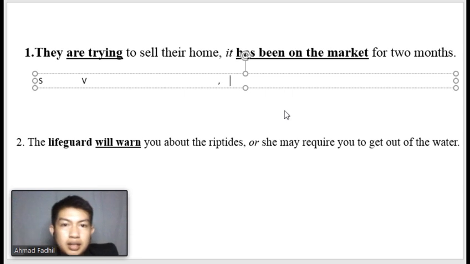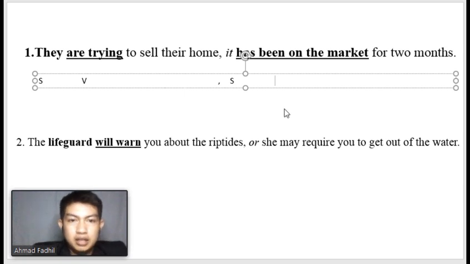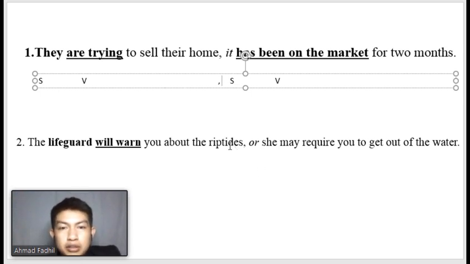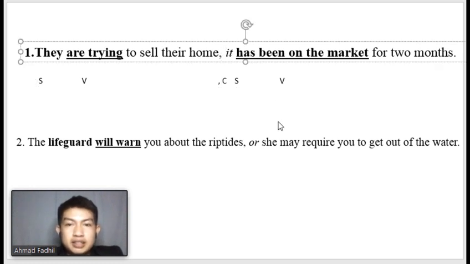It is the second subject, has been is the second verb. So there is no connector here. To make this right, we should add a connector, and the right connector is and.